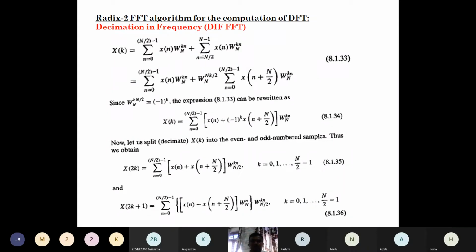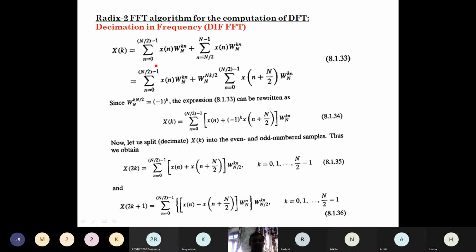By observing this equation, you can zoom your mobile screen to easily see what we have done here, the two parts. Instead of going for even and odd, let us go for the first half and second half sequences of x of n.